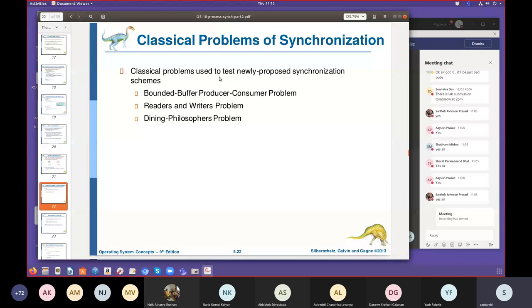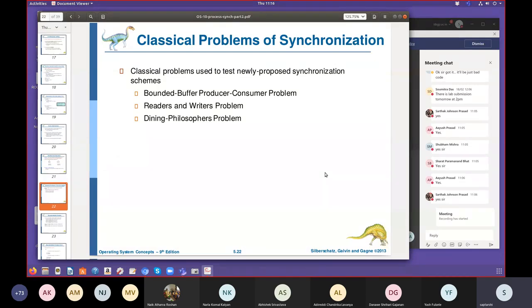Now that we have fairly understood what semaphores are, how they are implemented and what some dangers can be, let us study some classical problems of synchronization. Right, so these are some kind of benchmark problems. Let's say someone comes up with a new mechanism of handling synchronization.